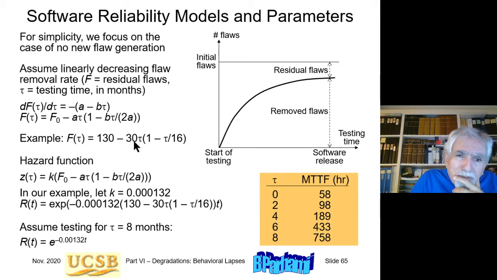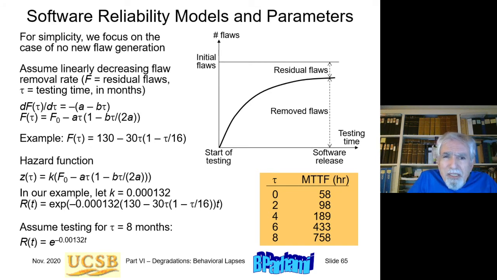B, let's see what we have assumed for B here, 30 tau. So B divided by 2A is 1 over 16. So B divided by 60 is 1 over 16.